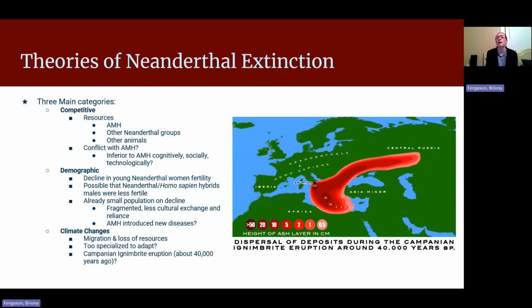So this would have had a huge effect on Neanderthal populations in a time when resources were already very competitive, and they were already seeing declines in their population. It would have been very detrimental to a lot of these fragmented groups. And it, in my opinion, was likely the nail in the coffin for Neanderthals as a species.